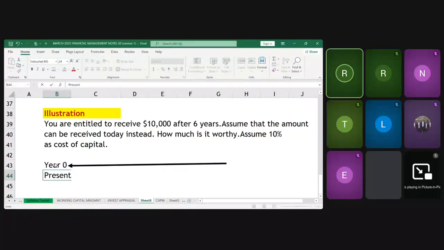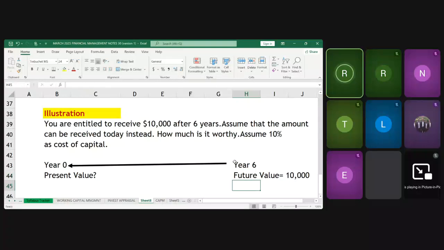We don't have the present value. What we have is year six, and this is a future value. The future value after 6 years is 10,000. So I want to see how much 10,000 in 6 years is worth if I bring it into today's terms.